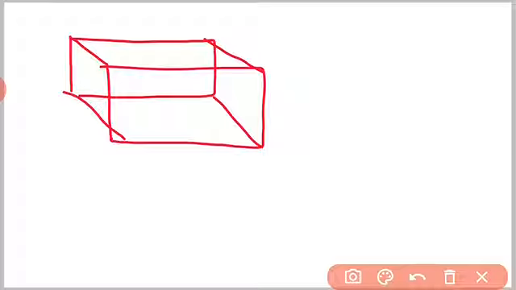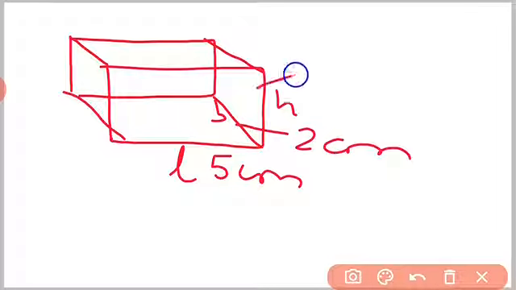All 6 faces have rectangular shape, and it has 3 dimensions, that is length, breadth and height. Over here, this boy makes a cuboid of length 5 centimeter, breadth 2 centimeter and height 5 centimeter.